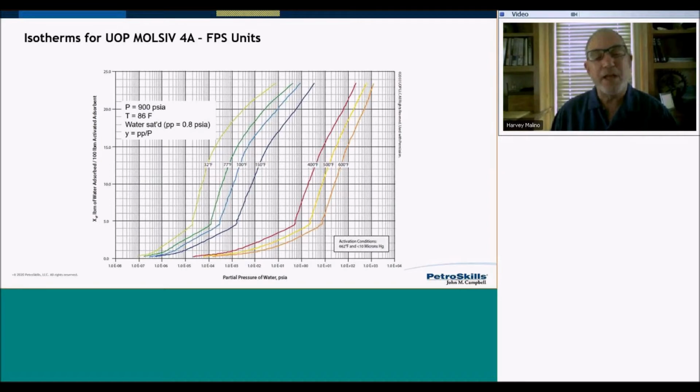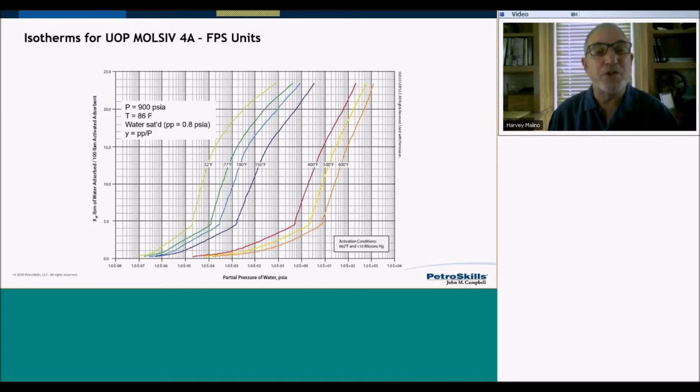If you take a feed stream coming in at a pressure of 900 pounds, a temperature of 86 degrees, and is water saturated, you can convert the water saturation to a partial pressure, knowing the relationship that the mole fraction of the water is equal to the partial pressure divided by the total pressure.